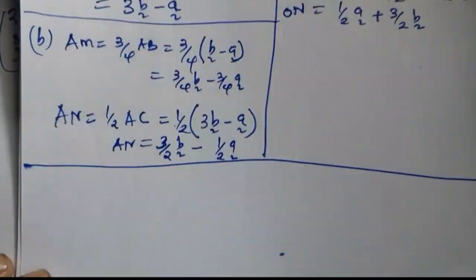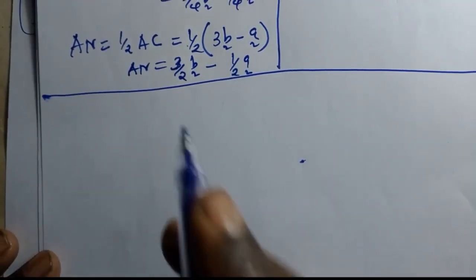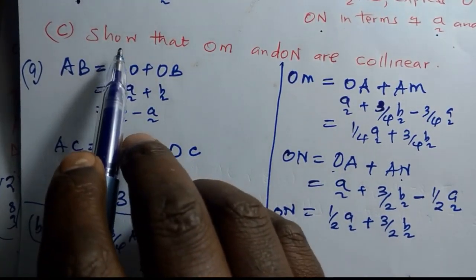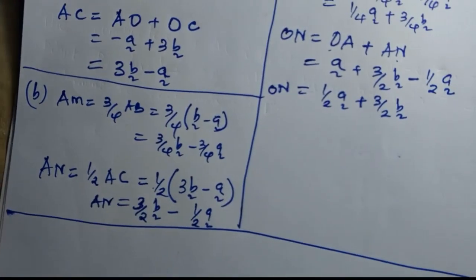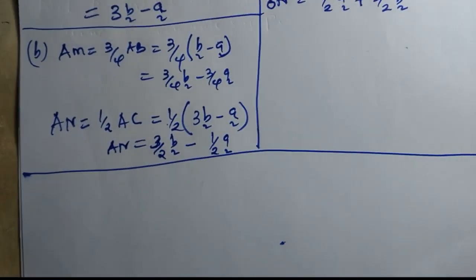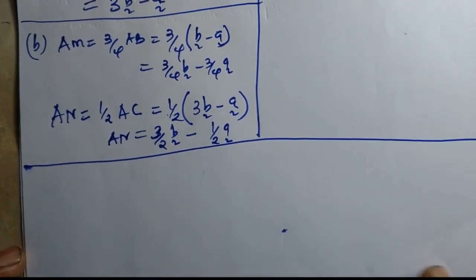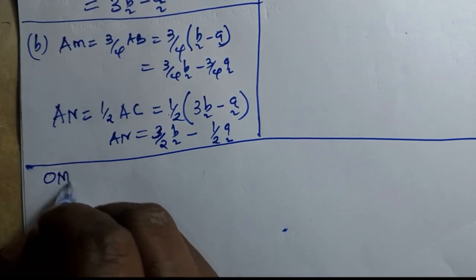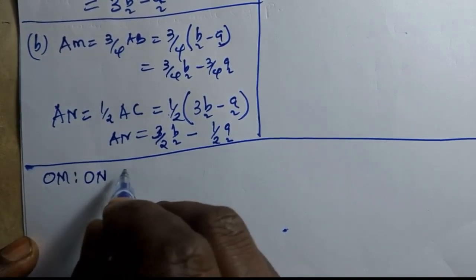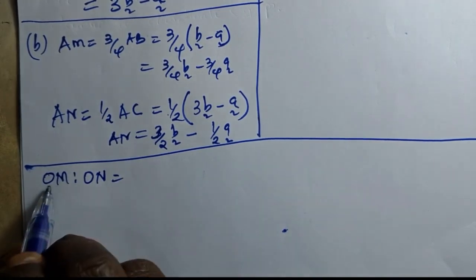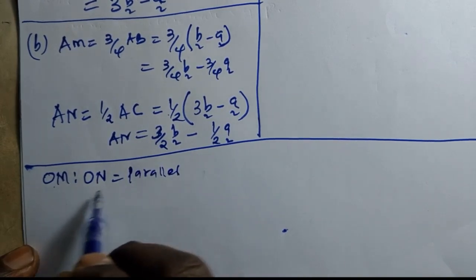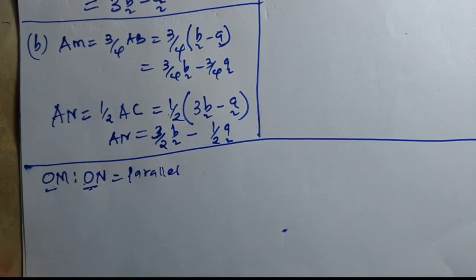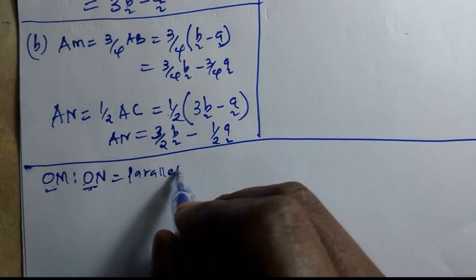So now next is part C, to show that OM and ON are collinear. For them to be collinear, I have explained how to show collinearity: we must show that you can express one in terms of the other, which means they are parallel, and they are sharing a point, and you can see that they are sharing point O. That one is obvious. So first, the task is to show that they are parallel.